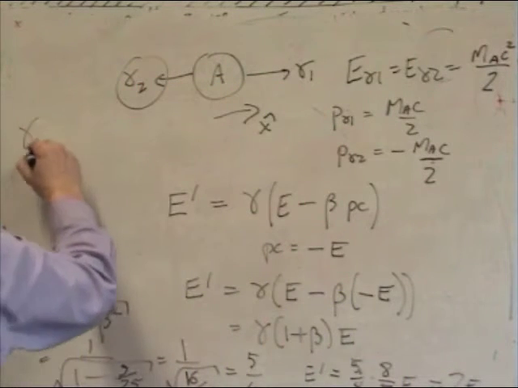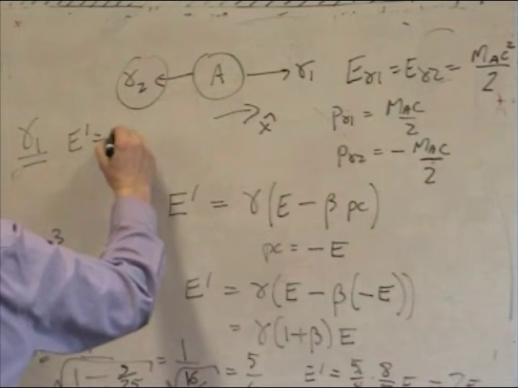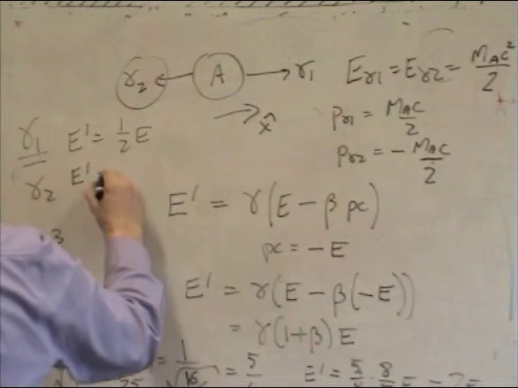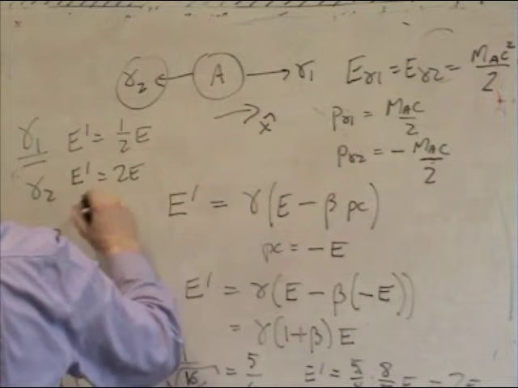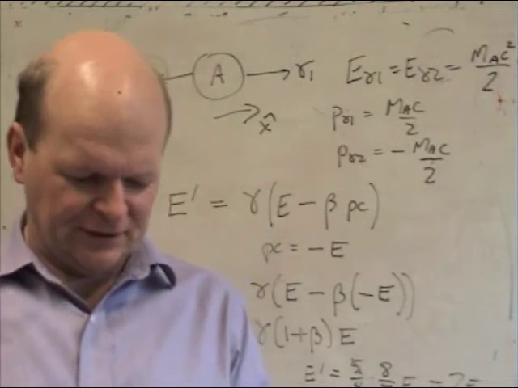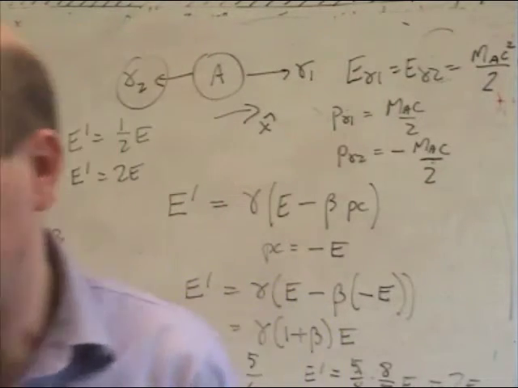So for photon 1, E primed equals 1/2 E. For photon 2, E primed equals 2E. And so notice that the modifications in the energies are reciprocal to each other. Why is that? Well, the reason is because, again, of Doppler shift.